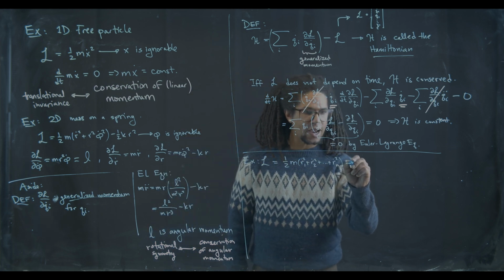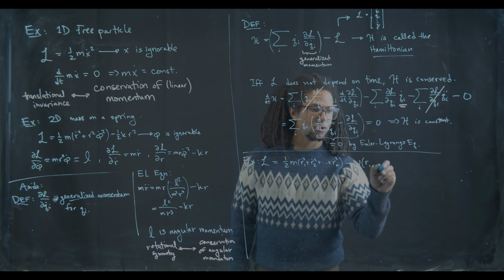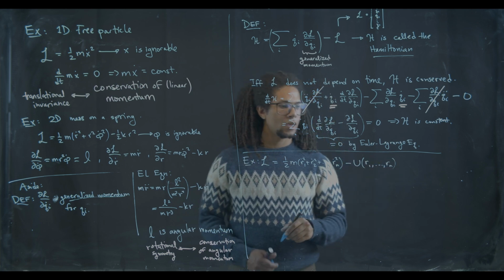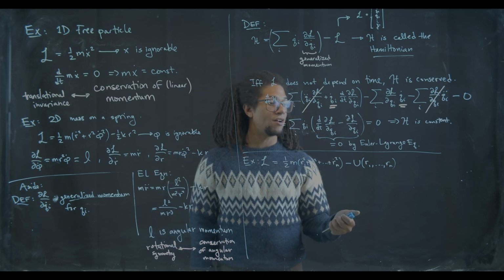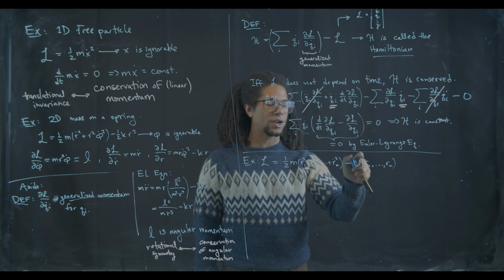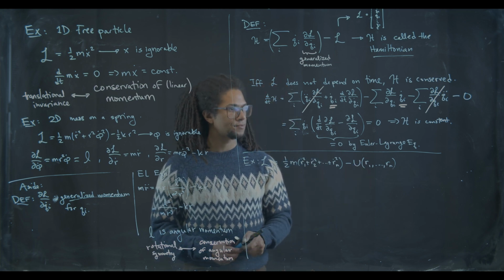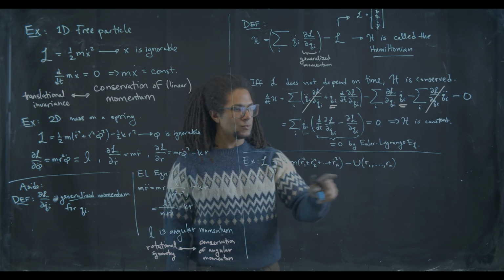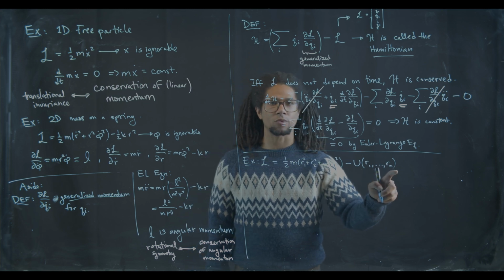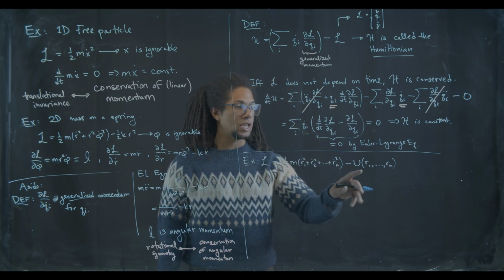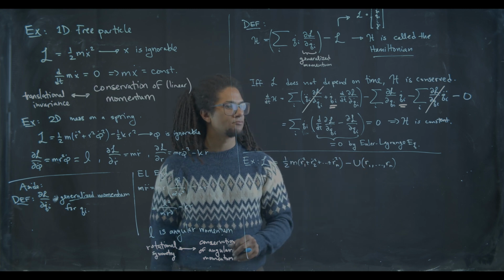And then we'll say minus U of r1 through rn. In other words, the only thing that I'm specifying here is that we have a time independent potential. Wonderful. Okay, so clearly this term does not have any t dependence, and this term has no t dependence. So this is a time independent potential, and that means that there's no t in here.